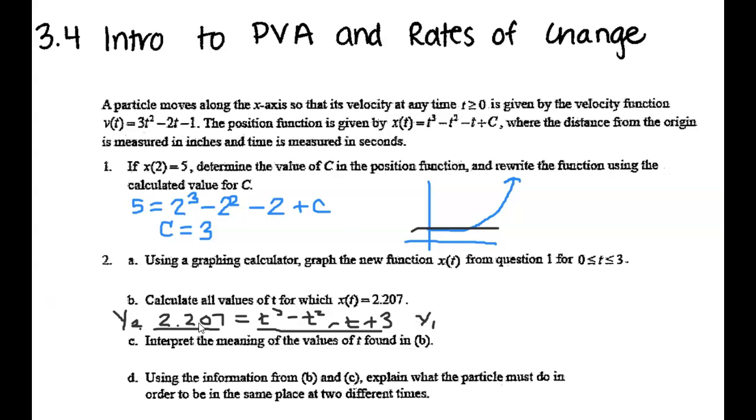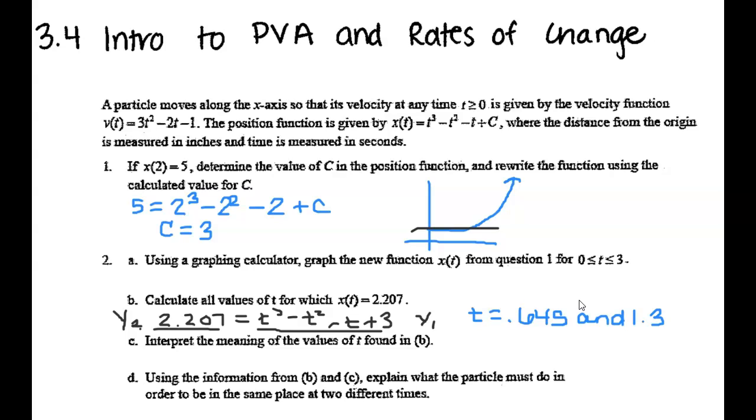So you would use your graphing calculator to find the points of intersection. You should get 2 answers. So you get 0.645 and 1.3.